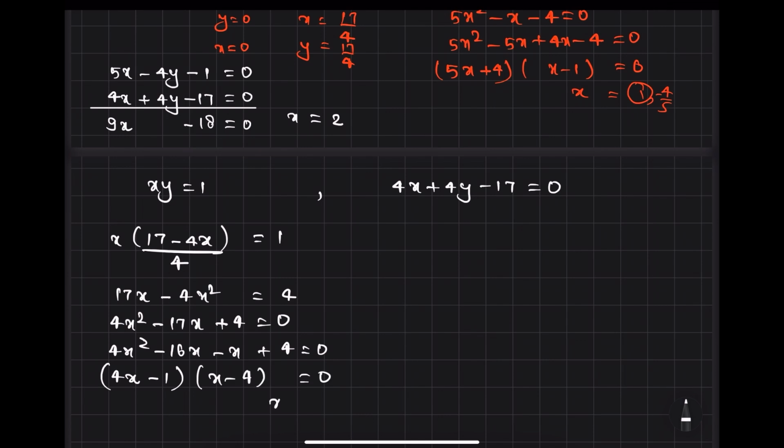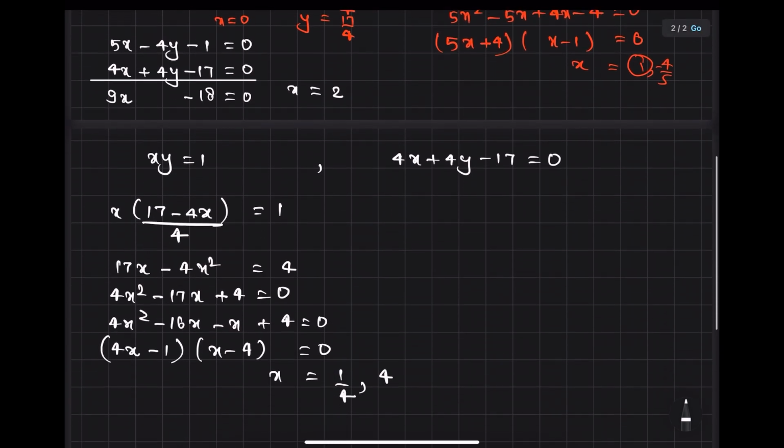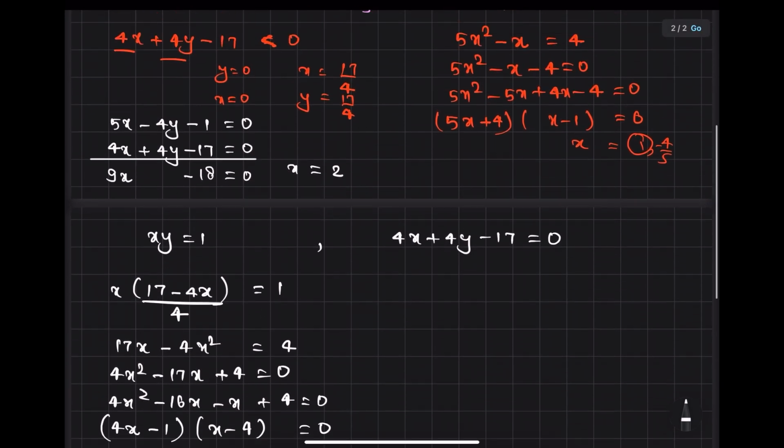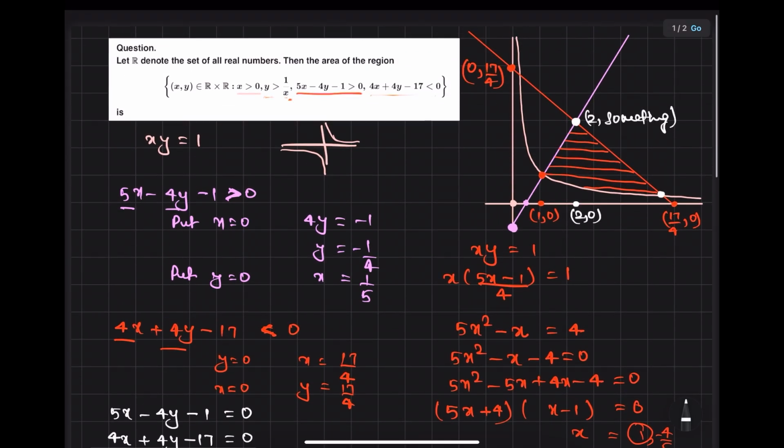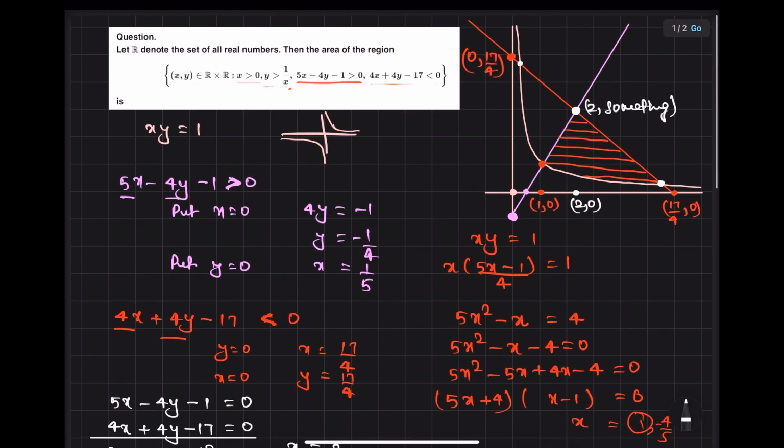So we got x equals 1 by 4 and 4. Look at this, we got two values of x. Now 1 by 4 means what? It is this point. We don't want this point, we want this point, which is 4 comma 0.